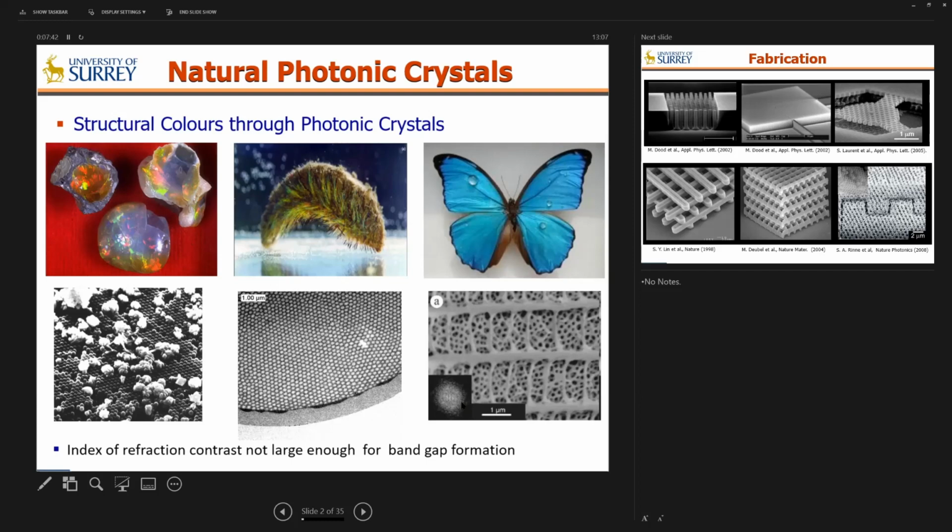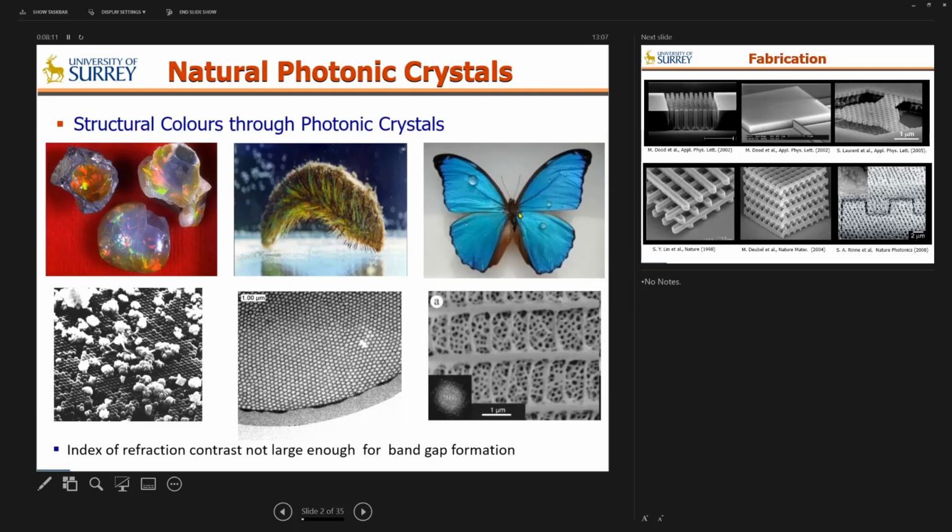Bragg peaks in the structure factor are associated with periodicity. Here, we got no Bragg peaks. So the structure is not periodic, but in the meantime, presents this structural color. And this guides us towards asking the question: what are the ground rules for obtaining structural color and photonic band gaps in materials which are non-periodic?